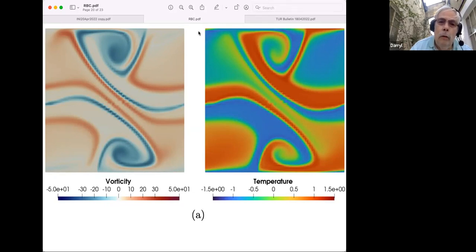Gravity is pushing down, and it starts out all warm above with the hyperbolic tangent, and then cooler down below. So that's always going to be the way we start the temperature.